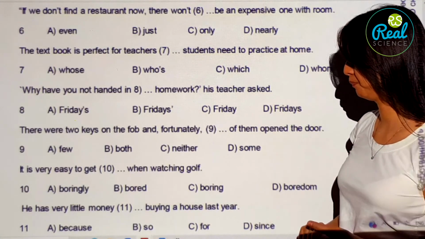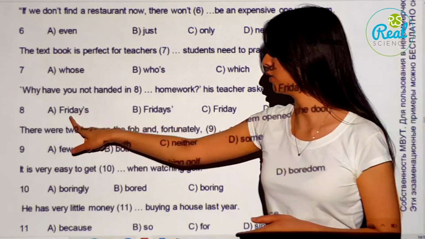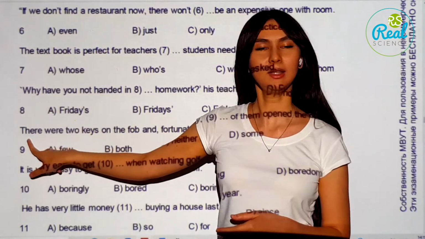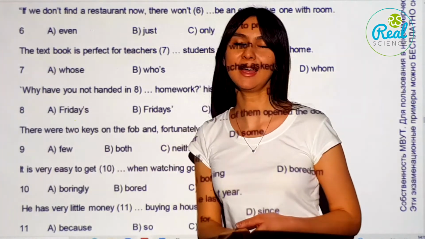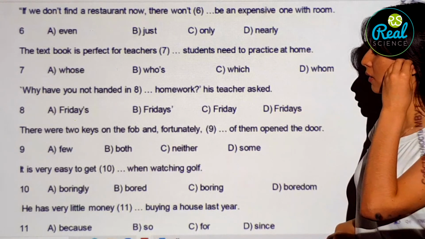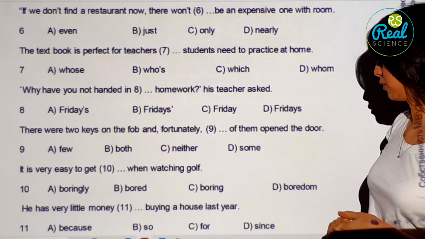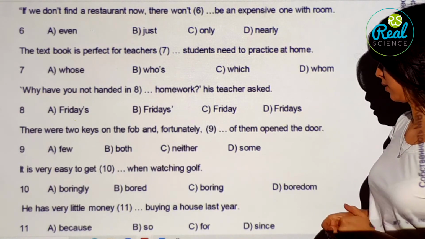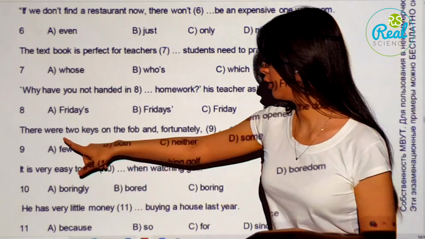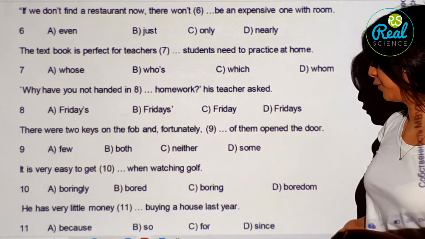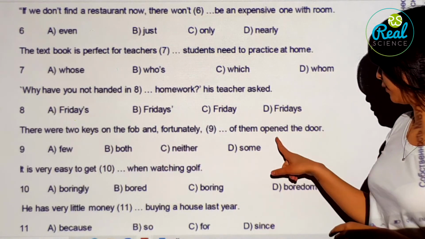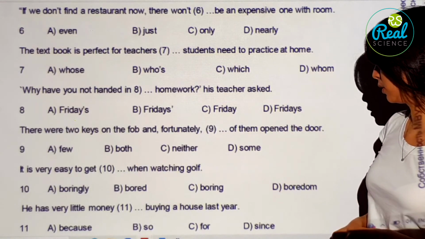Which answer? A1, okay, very good. So ninth? There were two keys on the fob, and fortunately, neither of them opened the door. Neither of them. Both of them.